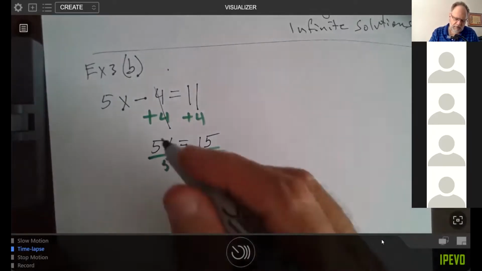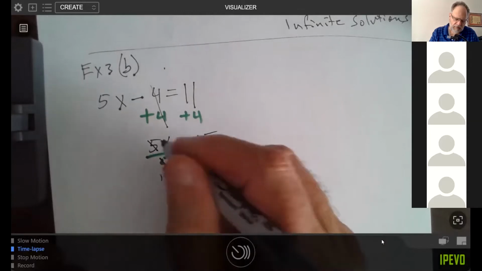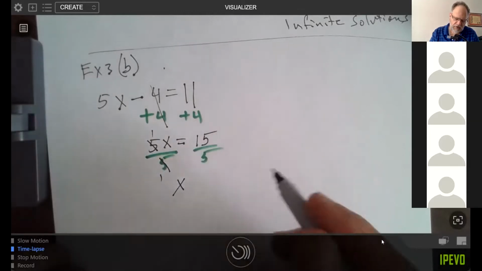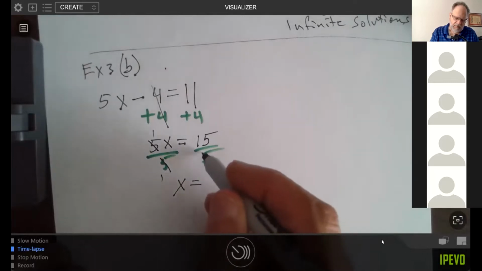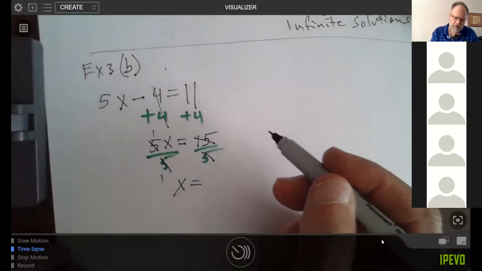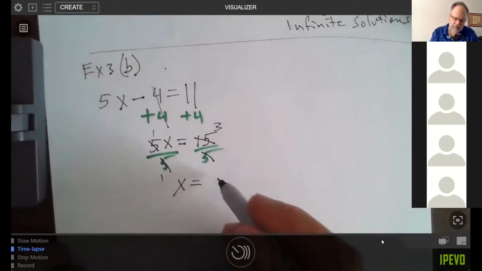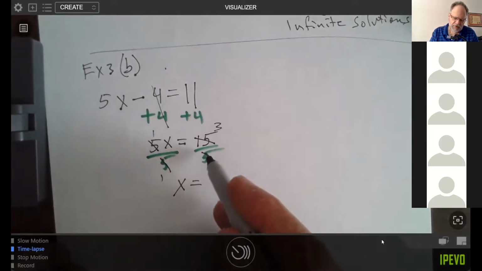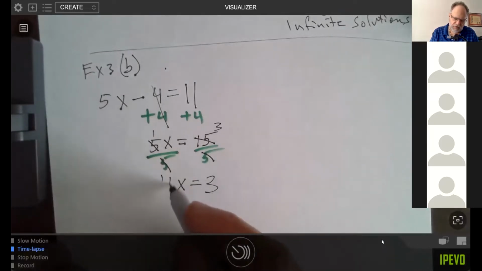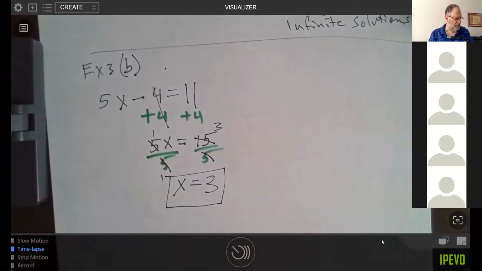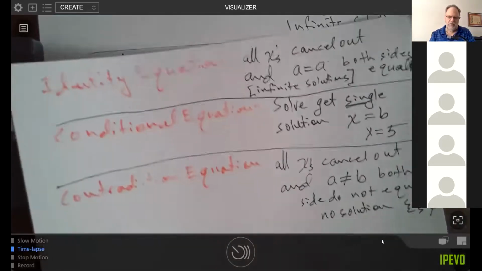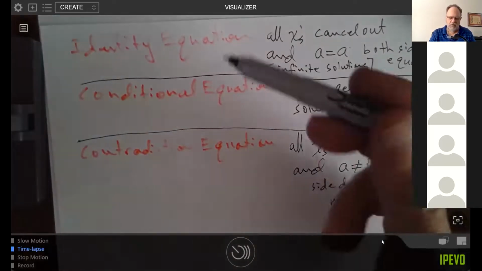So 5 divided by 5 is 1, so the 5's go to 1. And 5 divides into 15 3 times, because 3 times 5 is 15. So x equals 3.